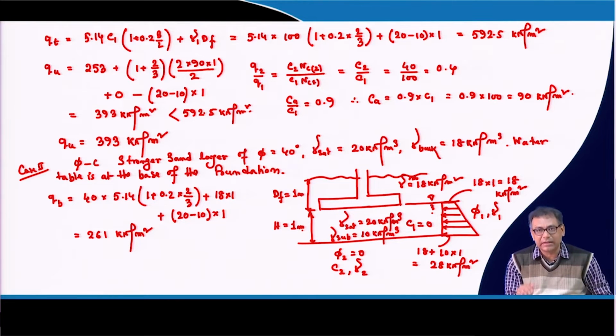That means it is at the base of the foundation, because our foundation base is also 1 meter below the ground surface. So the unit weight throughout the soil is not the same: above the water table we have to consider the bulk unit weight, and below the water table the saturated or submerged unit weight. That is why we have to calculate this passive pressure or force first, then put it into the equation. So, let us derive that equation first if the unit weight is not the same.